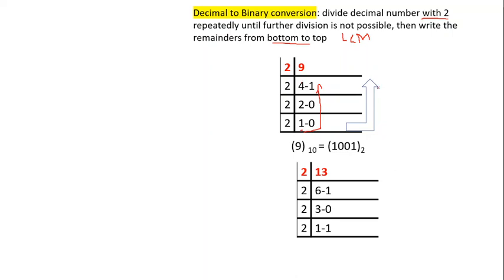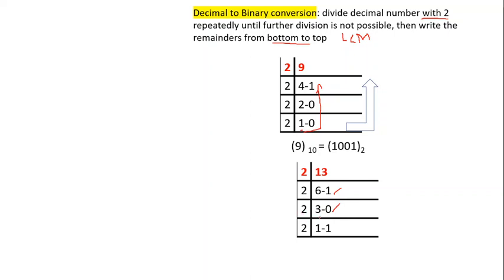Again, one more example, 13. 13 base 10. How many times can you divide 13 by 2? 6 times. 6 2s are 12. 13 minus 12, remainder 1. Next, how many times can you divide 6 by 2? 3 times. 3 2s are 6. Remainder 0.